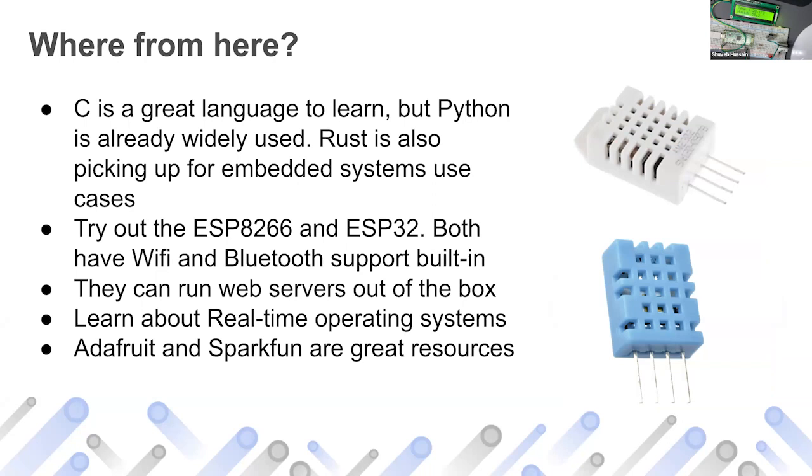You can run web servers on them, and you can do really cool stuff, right? And take a look at real-time operating systems, and take a look at Adafruit and SparkFun. They are really good resources. In India, you can go to robu.in. You can buy all this hardware. They send it to you in a couple of days.